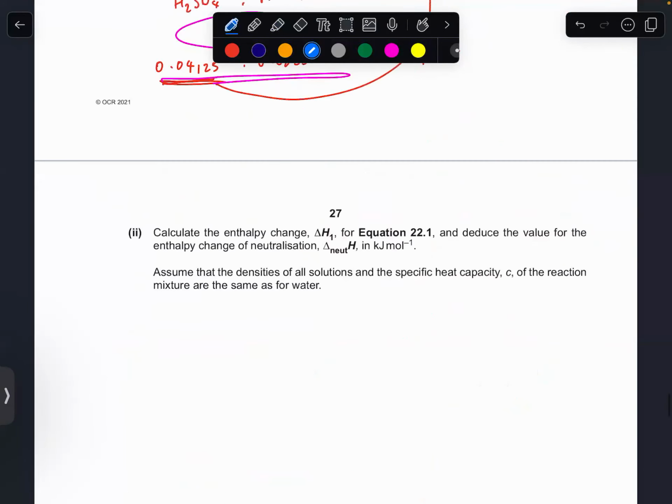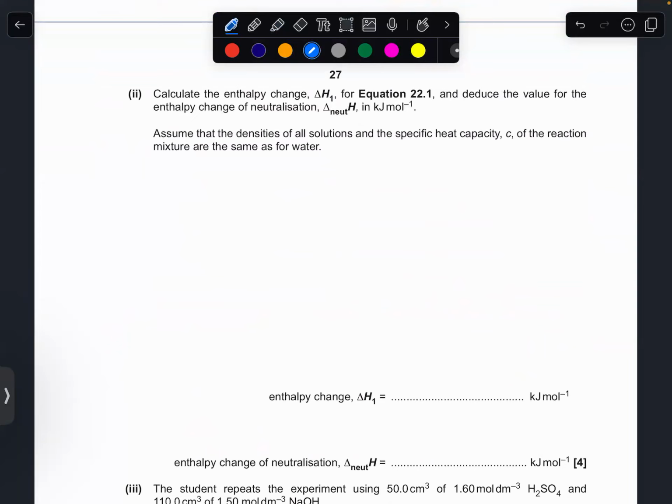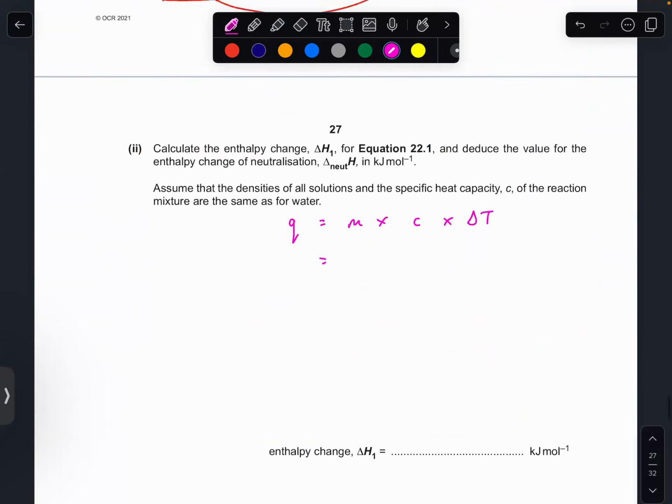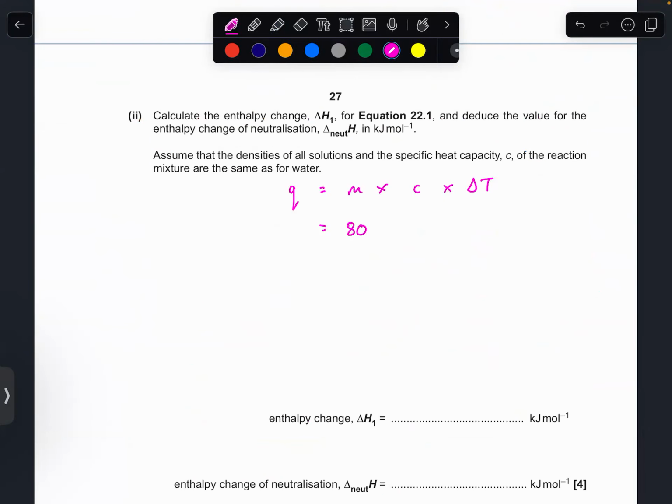Okay, so if you've been following Chana daily, you'll notice this expression Q equals mc delta T has come up a few times. Now, in here, m is the mass of the two solutions combined together. 25 plus 55, which gives us 80, because we assume 1 centimeter cubed is equal to 1 gram. c is 4.18, and the units are very revealing.